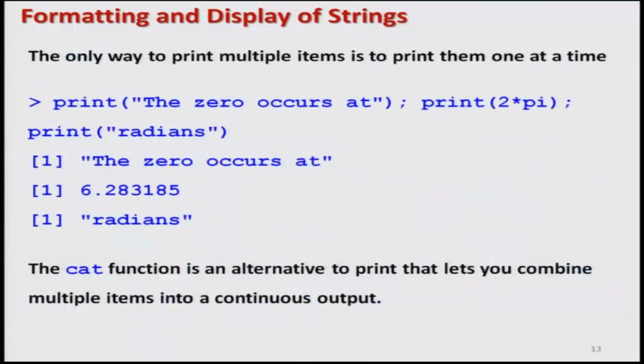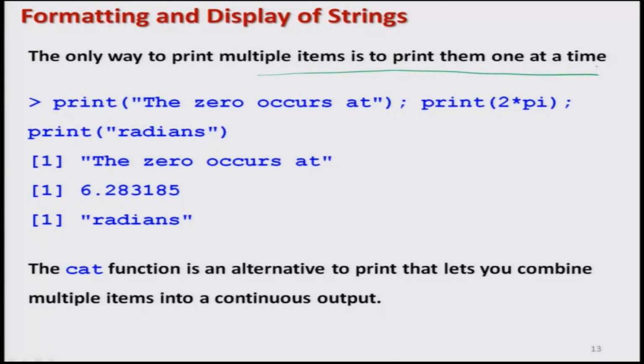On the other hand, if you really want to print it, we have an option. The option is to print multiple items only one at a time. Still, that is not giving us what we really want. I want to print all the things in a sequence.